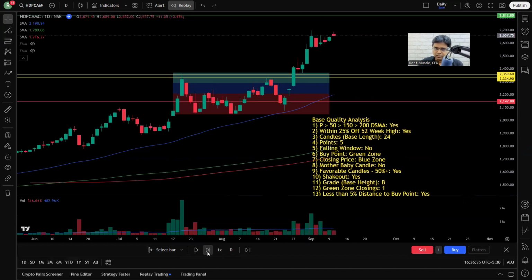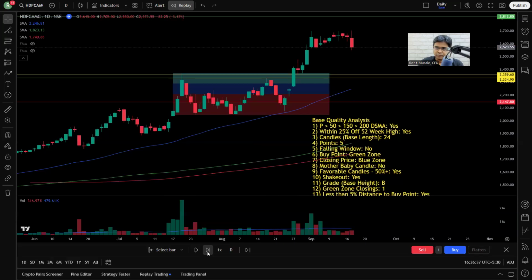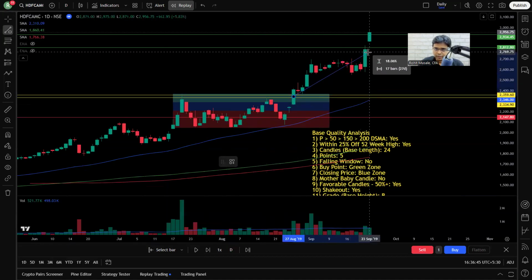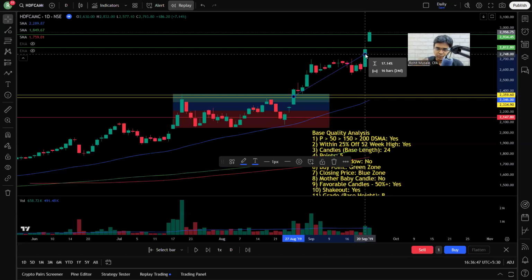Moving swiftly towards the target, we want to see in how many candles the stock hits the target. So from here till this day, if you had been alert, you would have been able to sell the stock. Maybe you put an alert here. You were able to sell the stock in this range, but if not this range, at least this one.